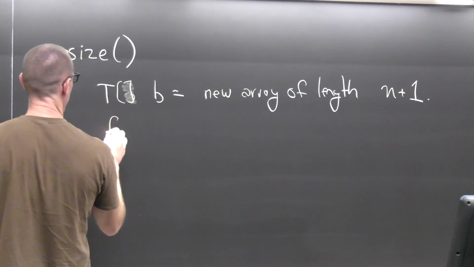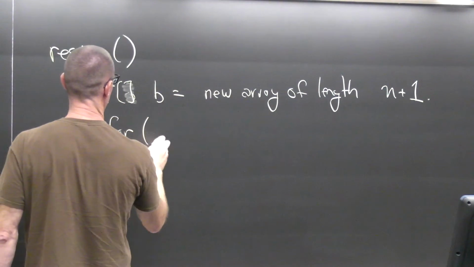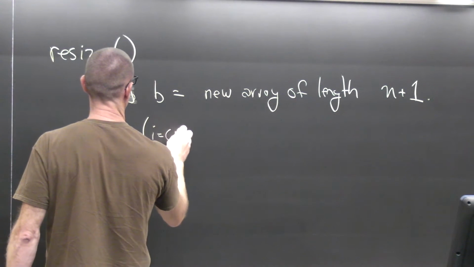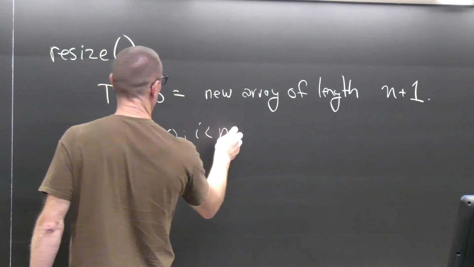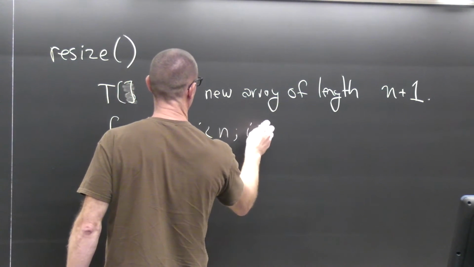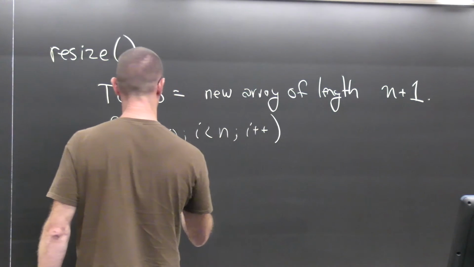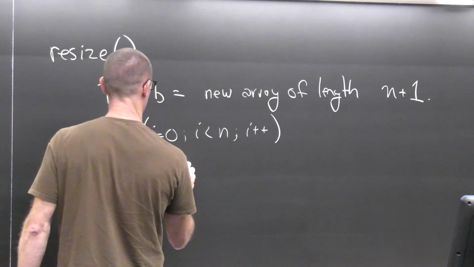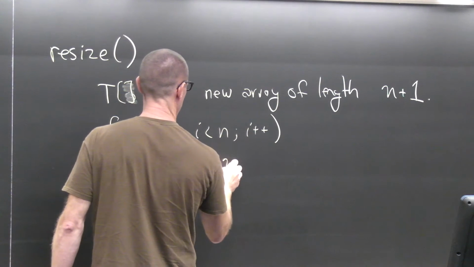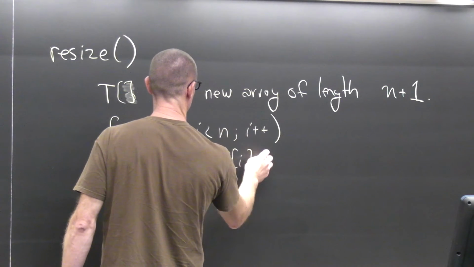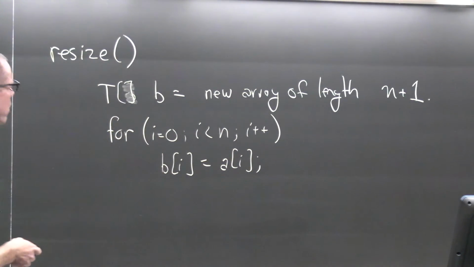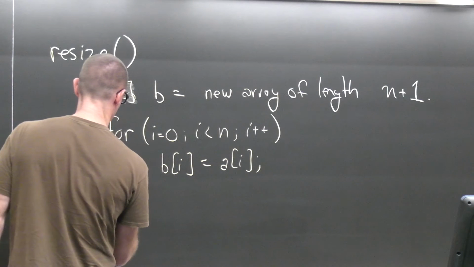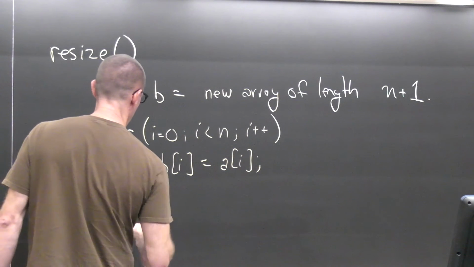And then I copy everything from A to B. We say B at i gets A at i. So now everything that's in A is now in B. And then we just say A equals B.